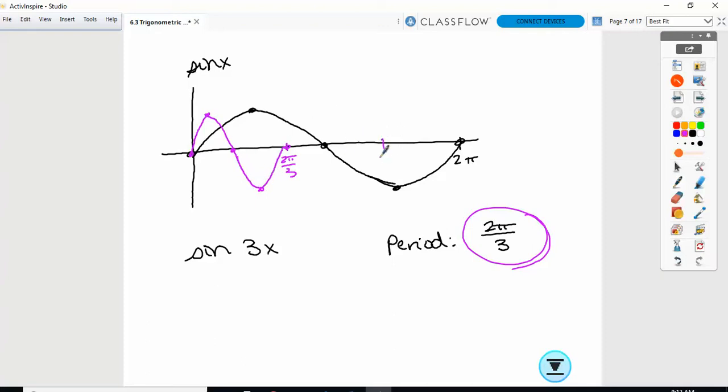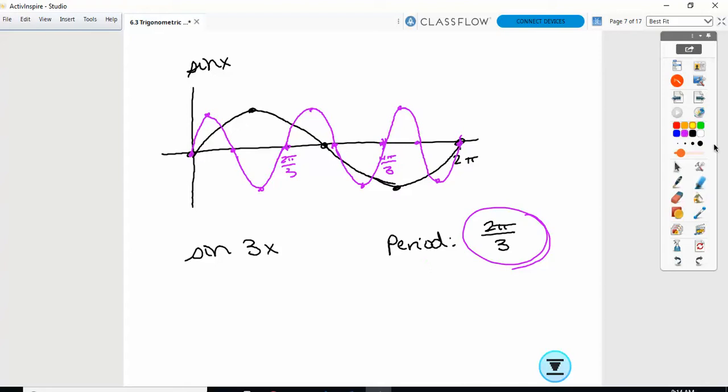The next one would take me to 4 pi over 3, and I would have another complete cycle by the time I got there. Next one would be 6 pi over 3, which is 2 pi. So by the time I get to 2 pi, that 3 really meant that we would have 3 complete cycles of my sine graph.